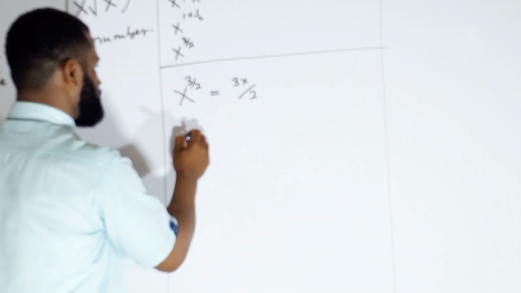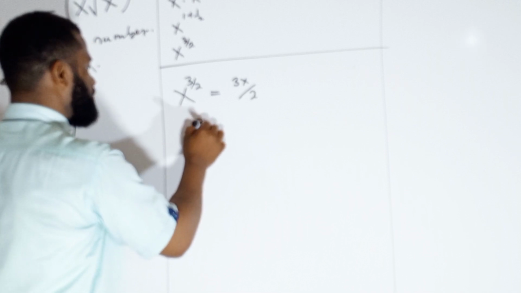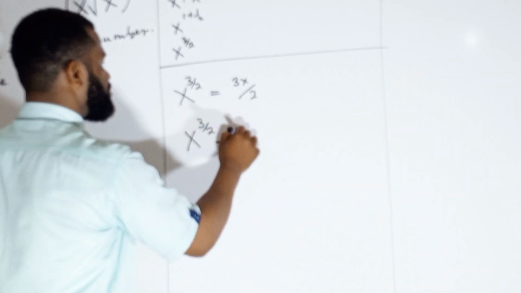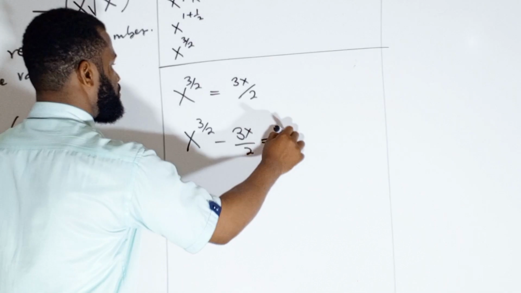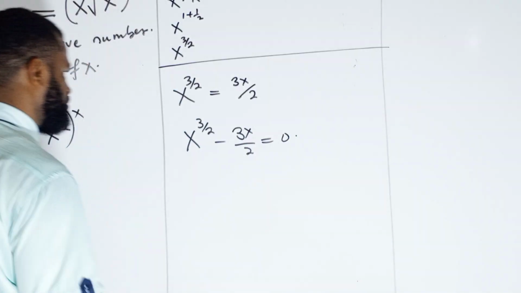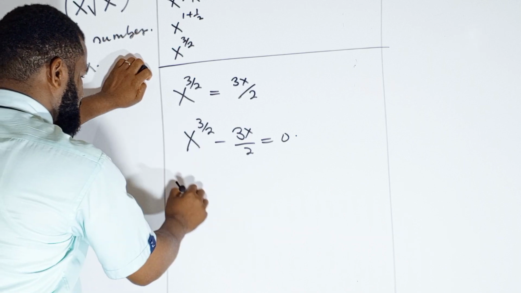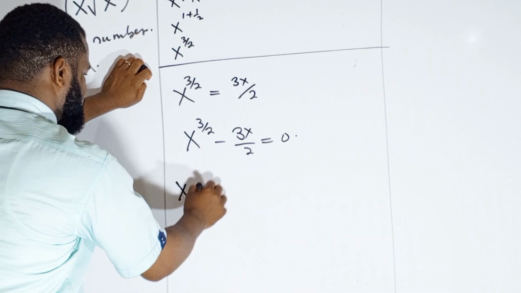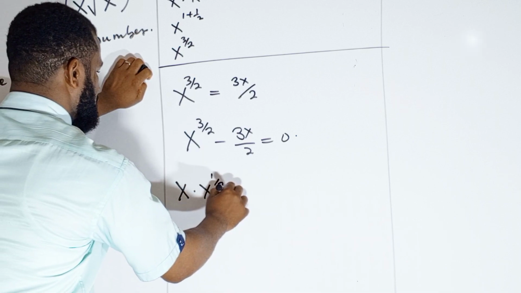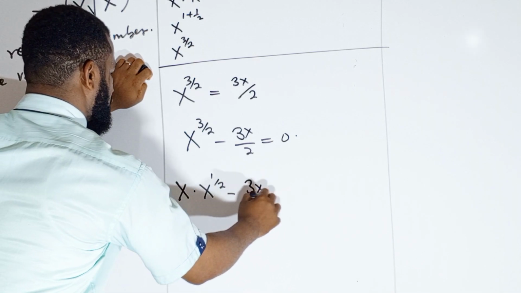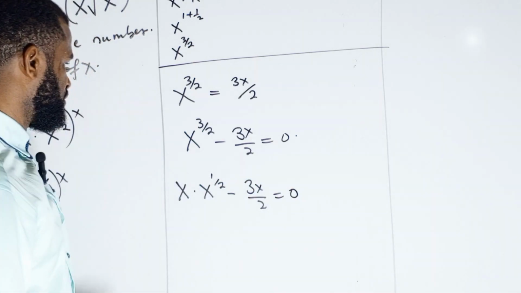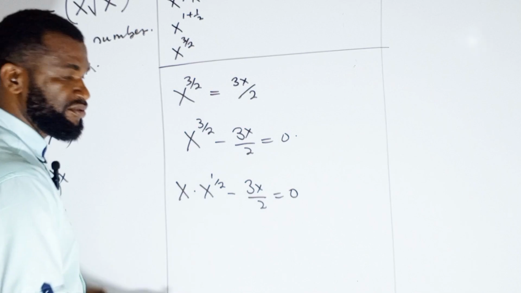Getting to this point, this one is a power, this does not have a power. What I will do is say x raised to power 3 over 2 minus 3x over 2 equals 0. So let me go back to where I started. It's x multiplied by x raised to power 1 over 2 minus 3x all over 2 equal to 0. Now I can factor out x.